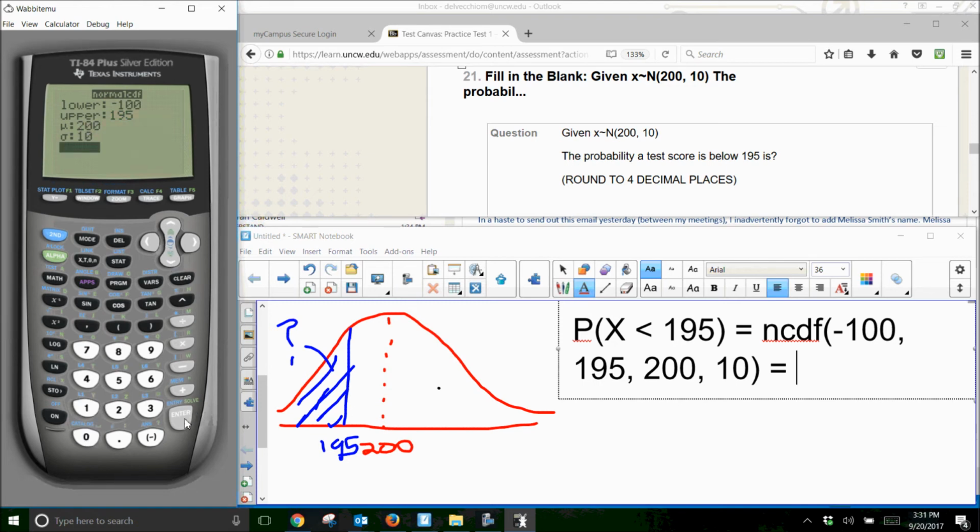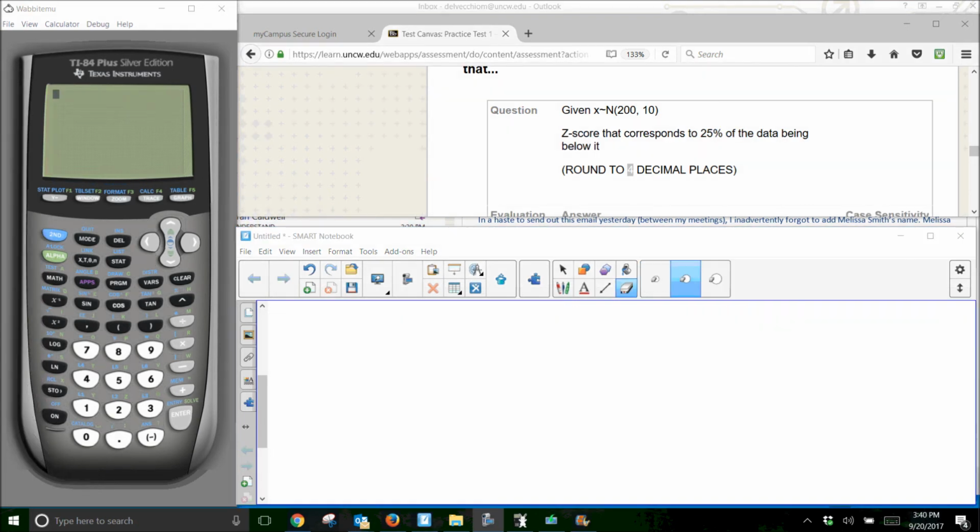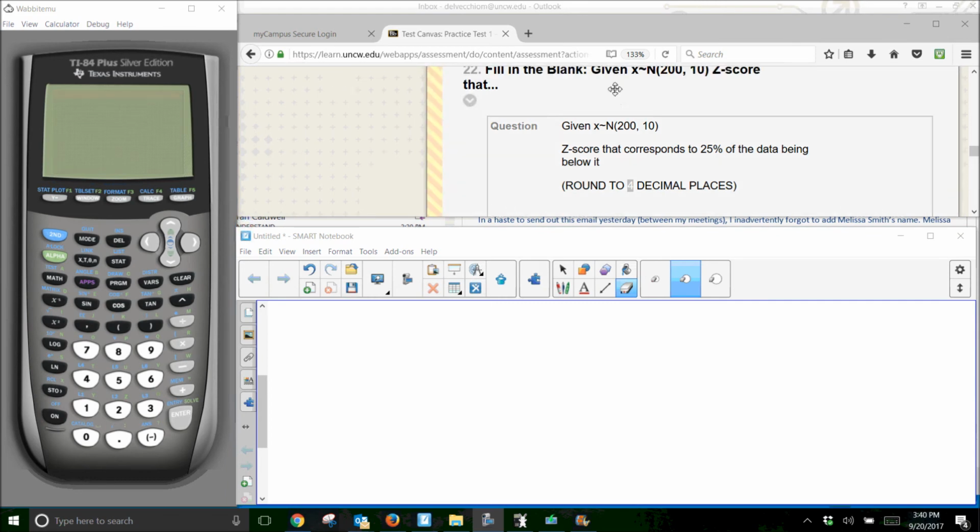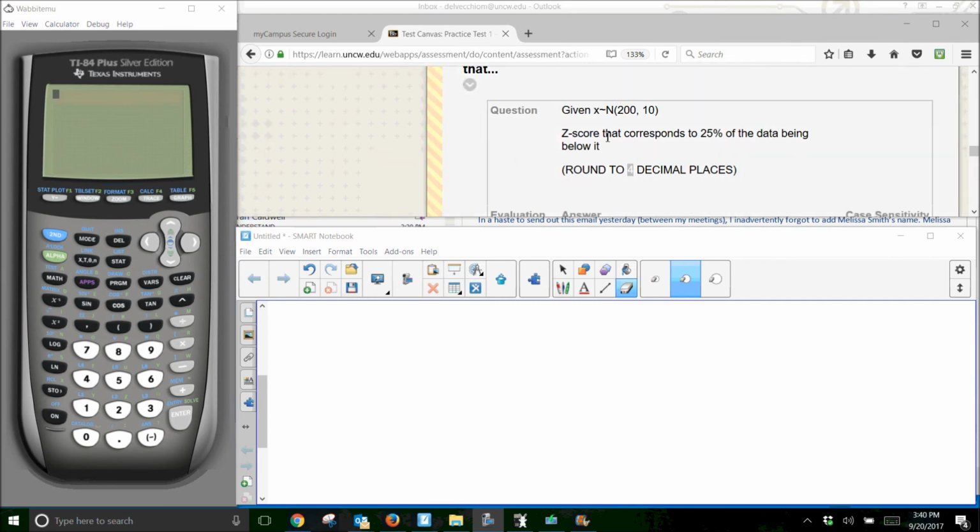There we go. All right, so that gives us 0.3085. Oh, it's right over here. 0.3085.